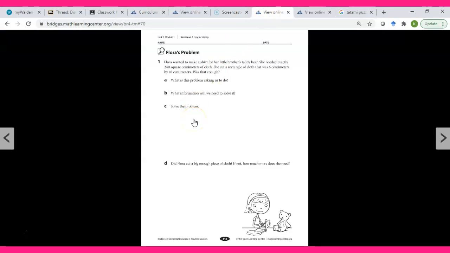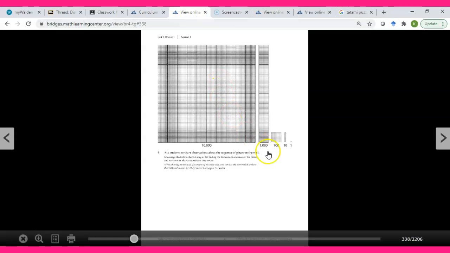We're going to use some of that information to answer the problems in this lesson. Let me go back, because there's one thing I forgot to tell you. I want you to think about the relationship between 1 to 10, 10 to 100, 100 to 1,000, and then 1,000 to 10,000.